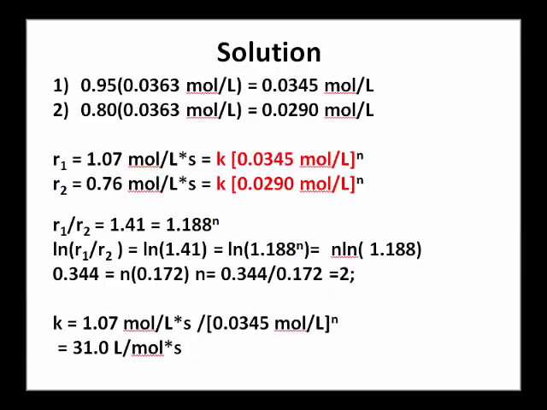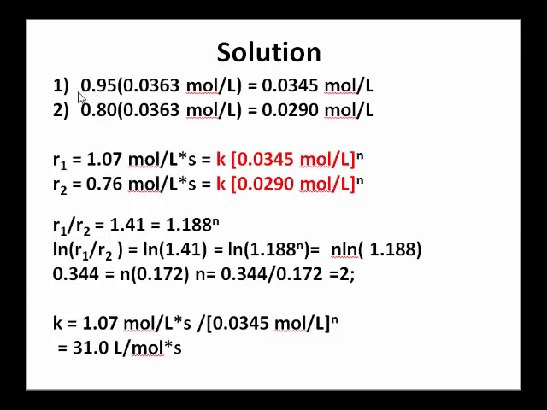The important thing in a problem like this is to recognize that what you have is more than one rate, for various concentrations. A good first step is to take the two situations we have and find the concentration for each.